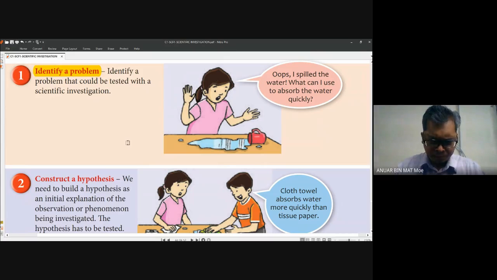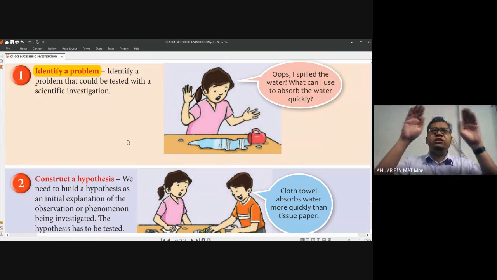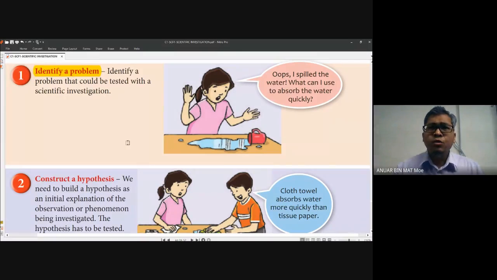For example, you need to know the formation of a rainbow. You need to know how a car moves. That is what we call curiosity. Okay, and then the curiosity will form a problem, or you will find the problem, and then we need to solve that problem. This is step number 1.